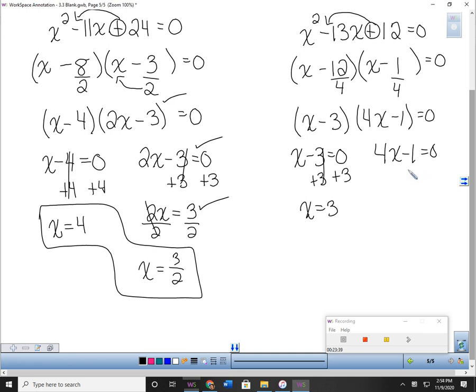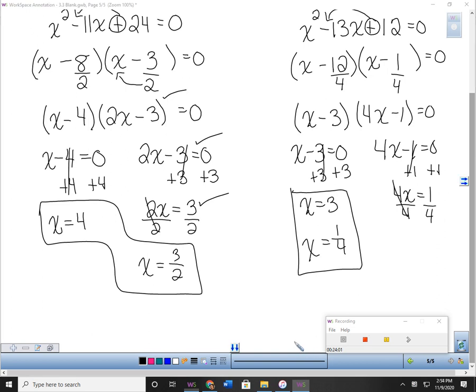And then on this side I have to add the 1 and then divide by 4, which if I would have set this equal to 0, correct, I would already have the 1/4, right? I'm just going to write them together just because.